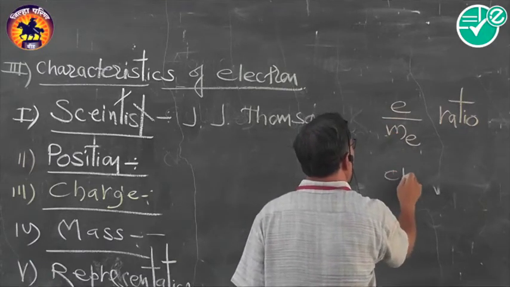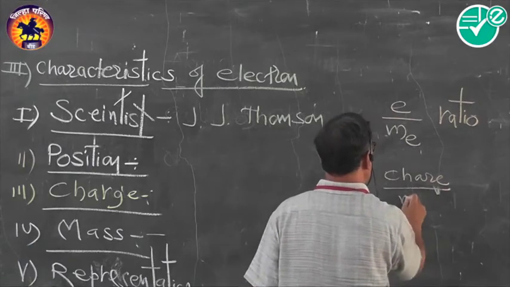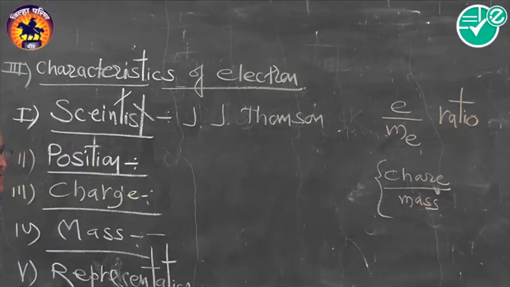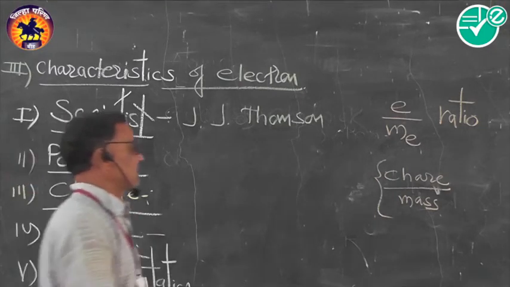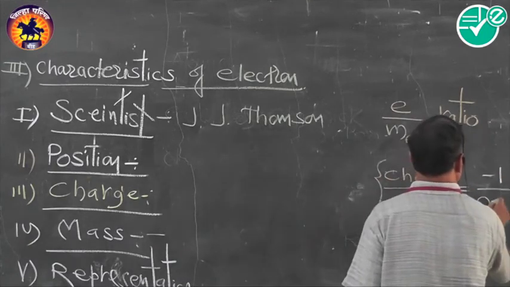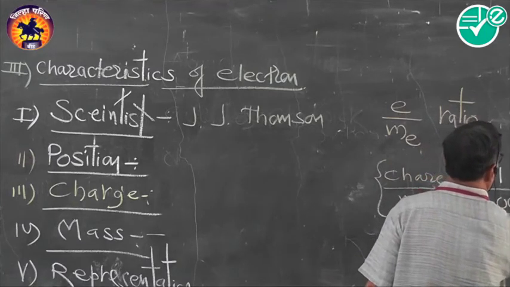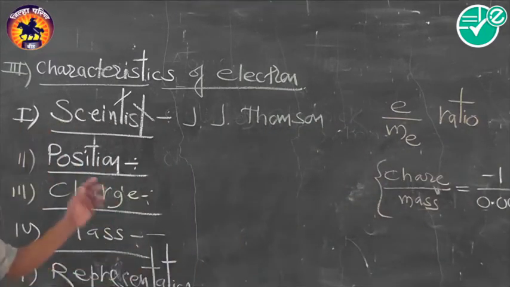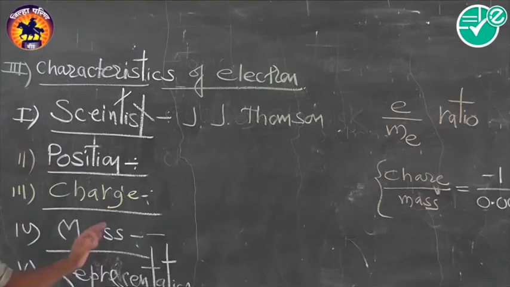E by M means charge upon mass, charge divided by mass, that is the charge on the electron and the mass of the electron. The charge is -1, and the mass of the electron is 0.000546 atomic mass unit, or 0.0005496.